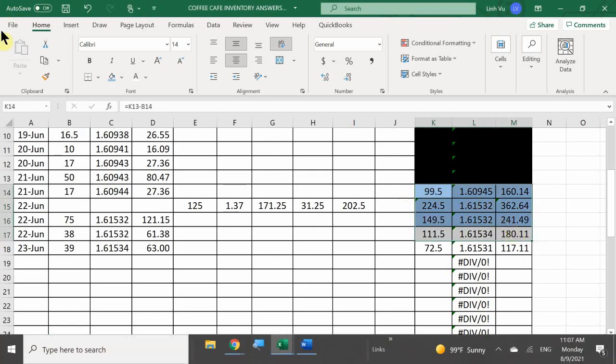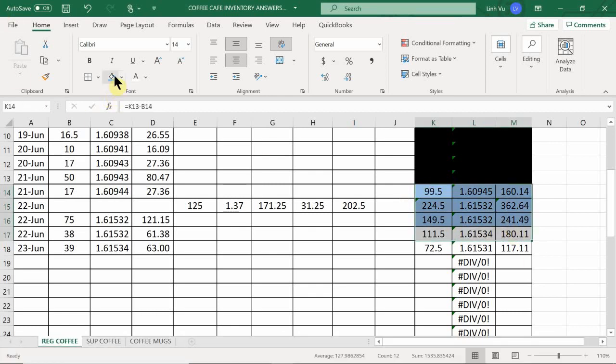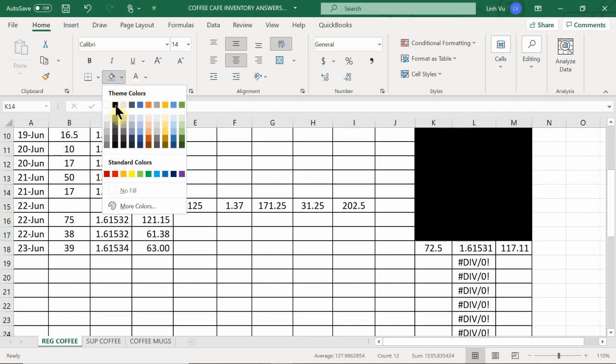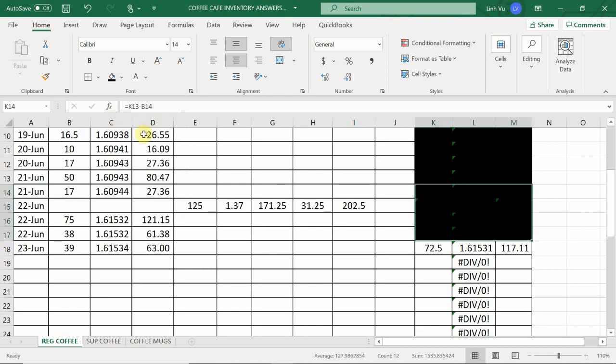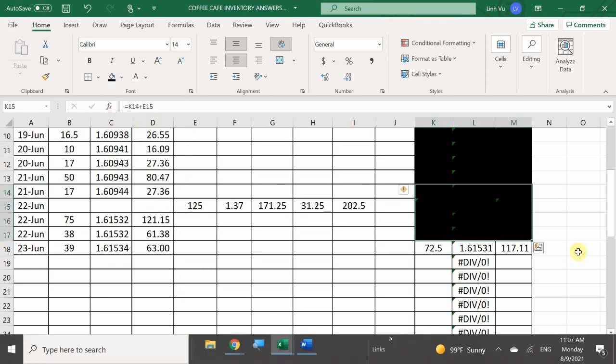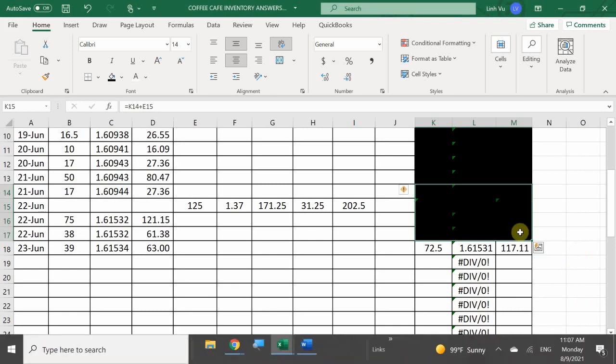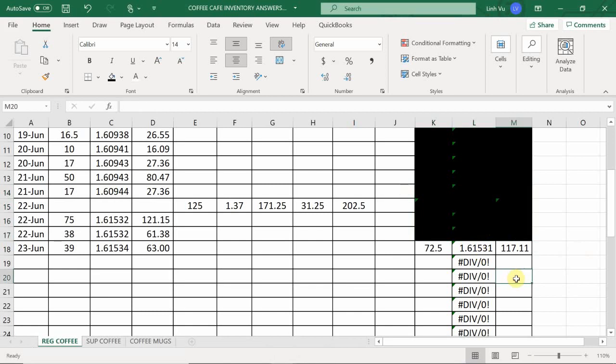So then we don't accidentally click the wrong number. That's what I do. I hide them so I don't get confused with that number. Okay, so then now I'm looking at 72.50 costing me a whole total of $117.11. Okay, so $63 even. Okay.